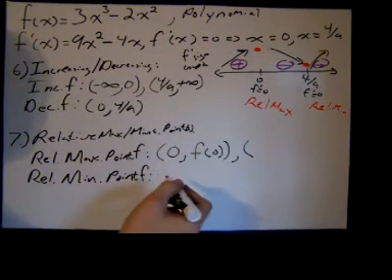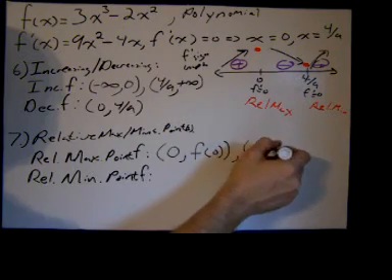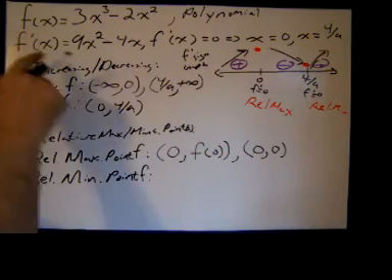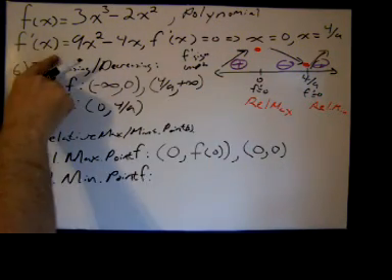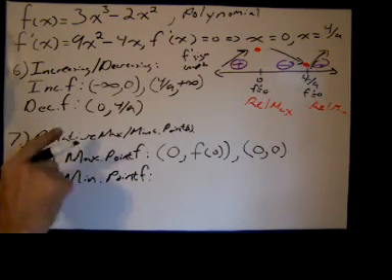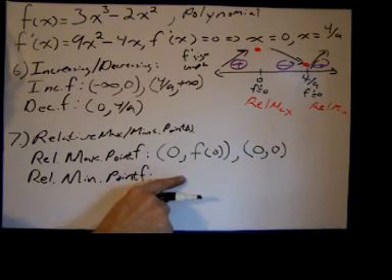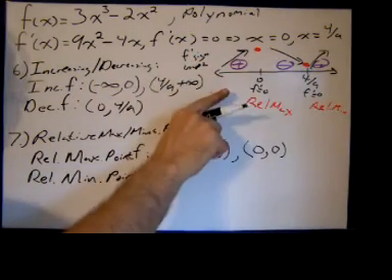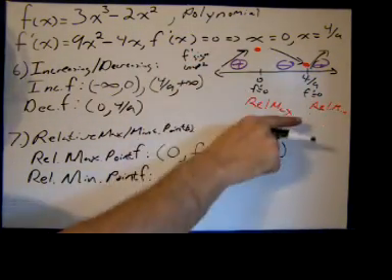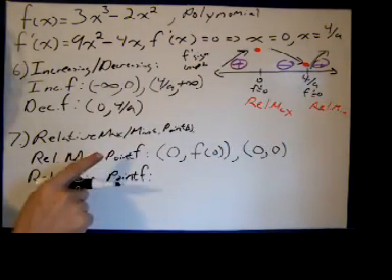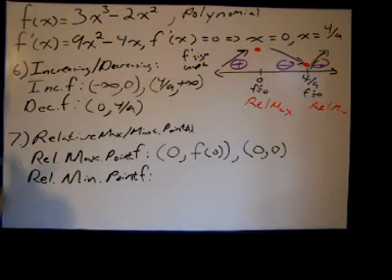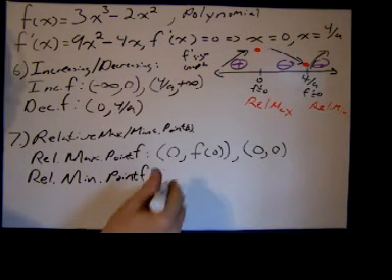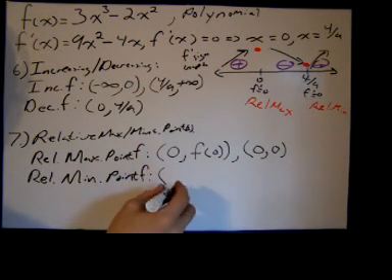And f of 0 is 0, so we have 0, 0. When we get our relative max and min points, we put the x values where the function goes from increasing to decreasing or decreasing to increasing back in the function to get our y values. So that's just a little tip there.